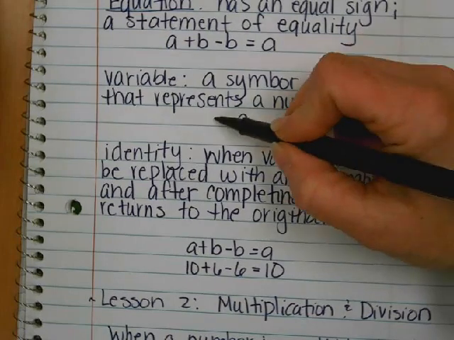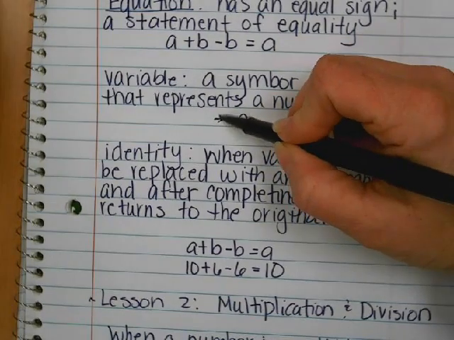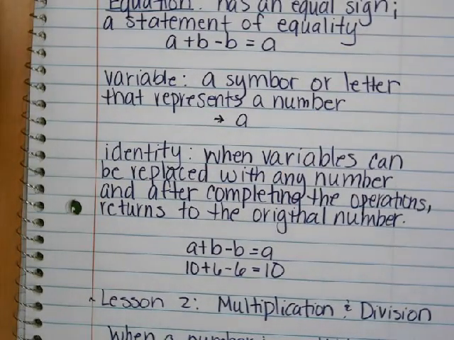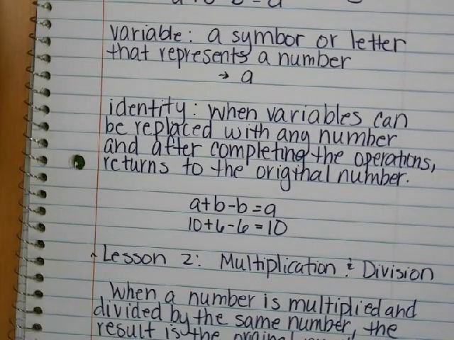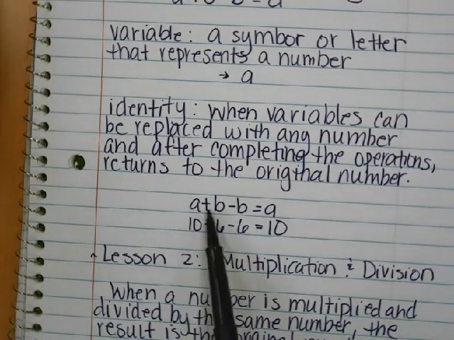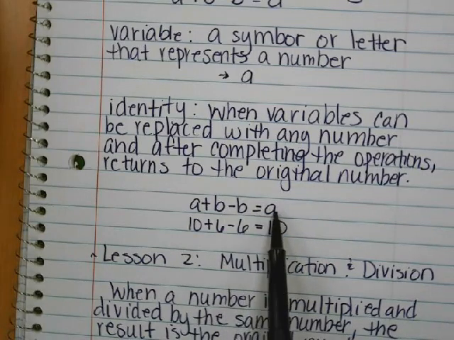So this a right here is a variable. Any letter can be a variable, okay? Any letter. Identity, when variables can be replaced with any number and after completing the operations, returns to the original number. So again, an example of that would be a plus b minus b equals a.